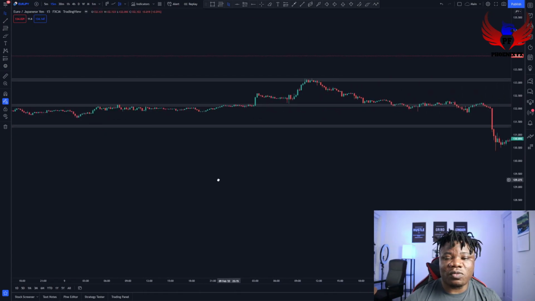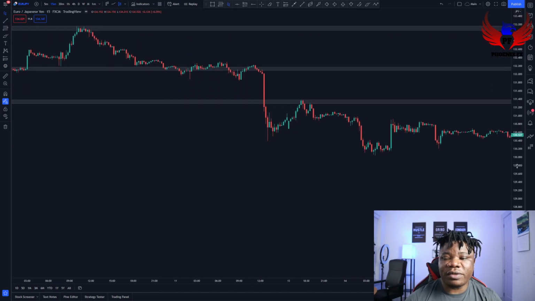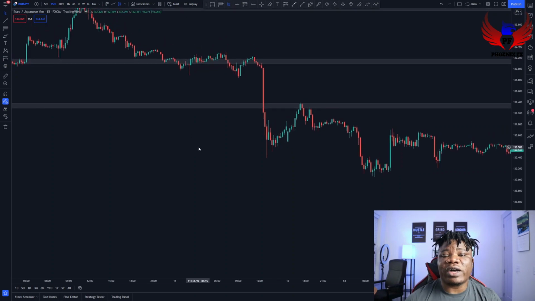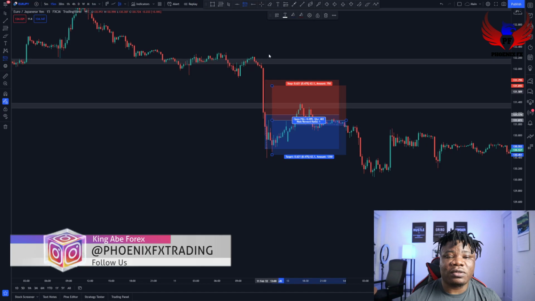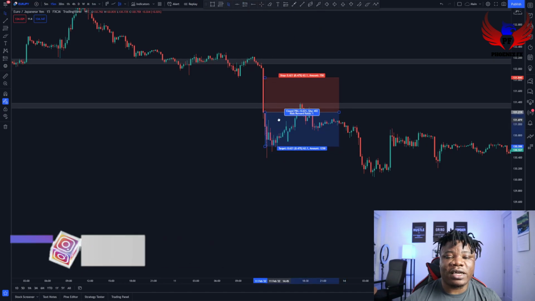All right, so we have this zone right here. Now what we're going to do here is simply wait for price to break and close below our support zone that we marked on the 4-hour time frame. And here we have the break and close, so we can get in right here at this bearish candle. So we get in at that bearish candle right there.